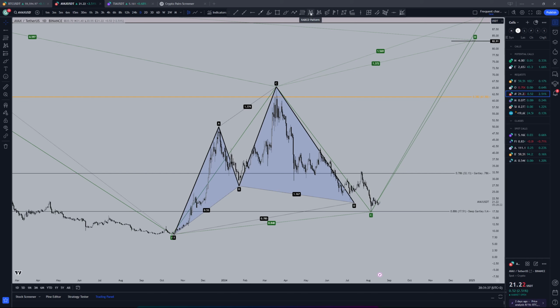You can use the cipher tool for the shark, but you need to manually check the measurements because sometimes it can be very off. Especially because I know some people are recommending to use the cipher tool for crabs and butterflies as well. That is very bad because your ratios are going to be extremely off.